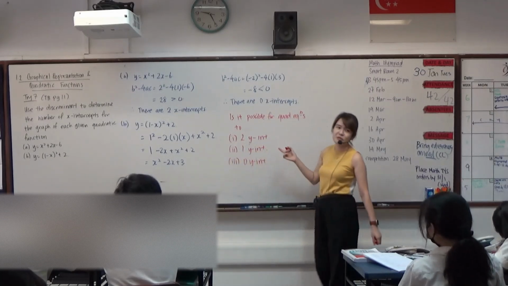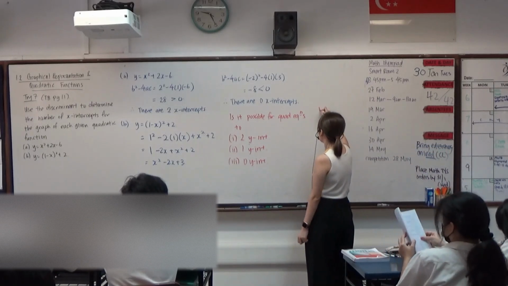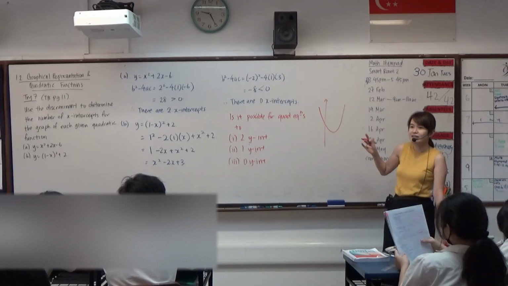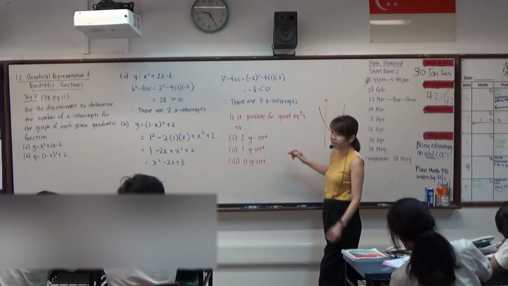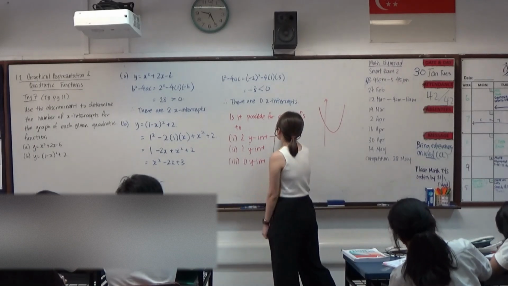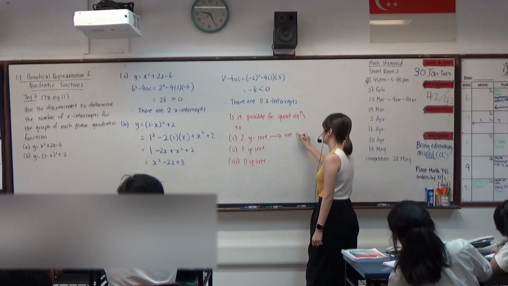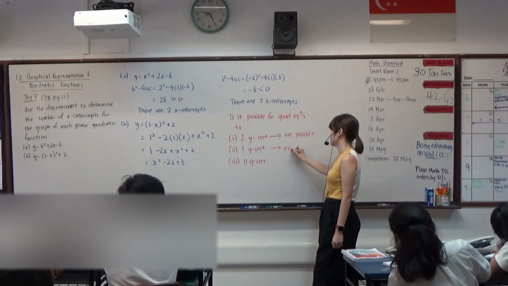Is it ever possible to have 2 y-intercepts? No, right? We know our graph shape, and we know the y-axis is like that. There can only be at most 1, right? That's not a quadratic function. So this one is not possible. One y-intercept is the expectation.